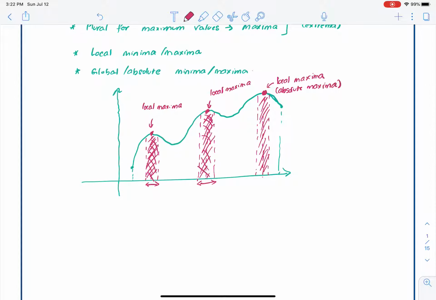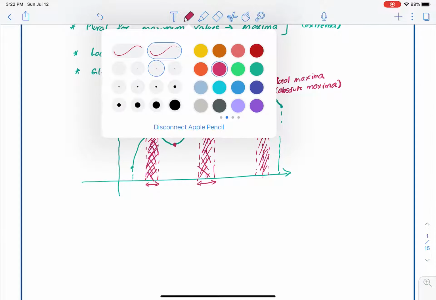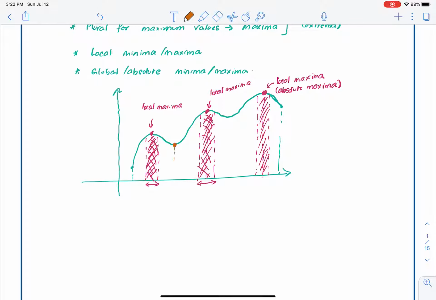Now, the minima, that is a small value on an interval along the x-axis. That interval would be that part.